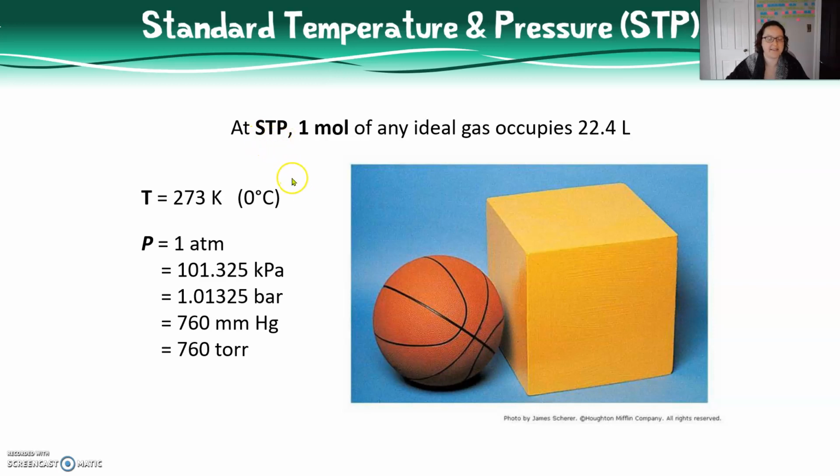When we say a gas is at STP, it means that the temperature is 0 degrees Celsius, or 273 Kelvin, and the pressure is the standard atmospheric pressure of 1 atmosphere. Under these conditions, 1 mole of any gas will occupy a volume of about 22.4 liters.